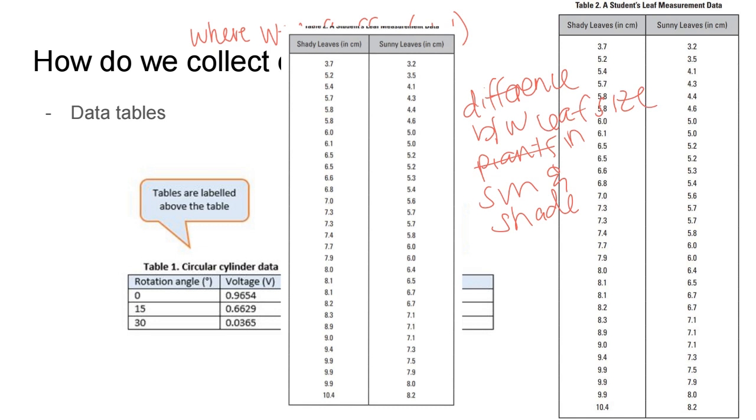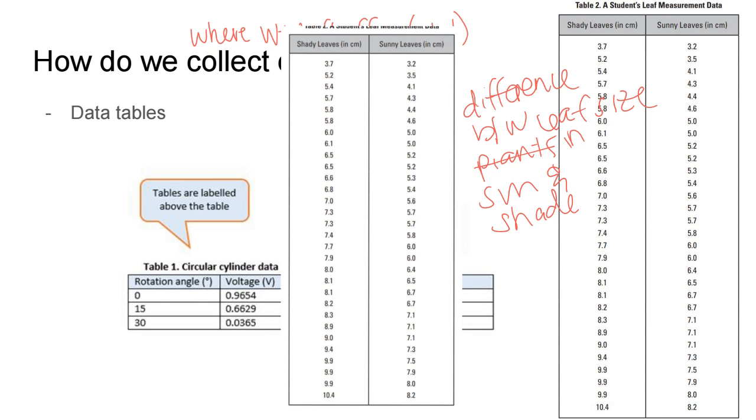There is a student and she lives in this area and she notices that there is a certain plant that grows where she's at. On one side of the house that never gets shade, there's this plant, and on the other side of the house, there is this plant that always gets shade. She noticed that there might be a difference in the sizes of the leaves, and she wondered, is there a difference when they're growing in different amounts of sun?